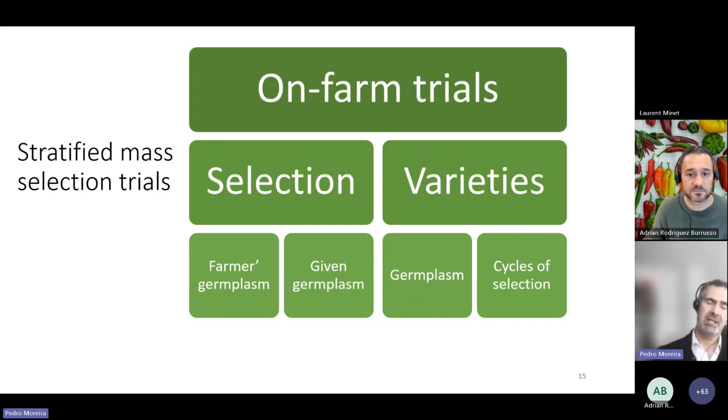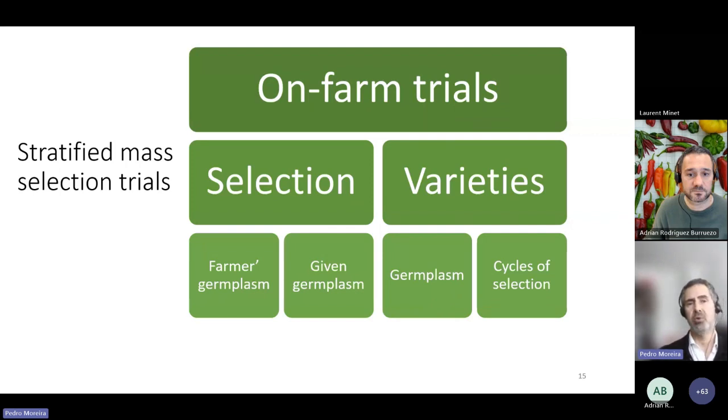So it means that you will obtain the best ears, or the best plants, in the best soil, the best plants in the medium soil, and the best plants in the worst soil.